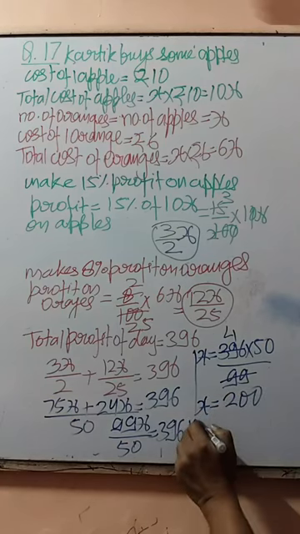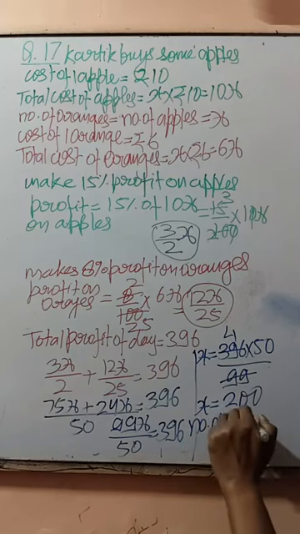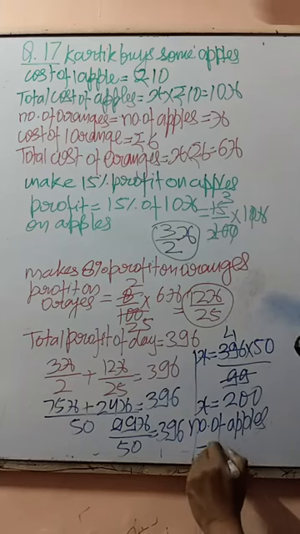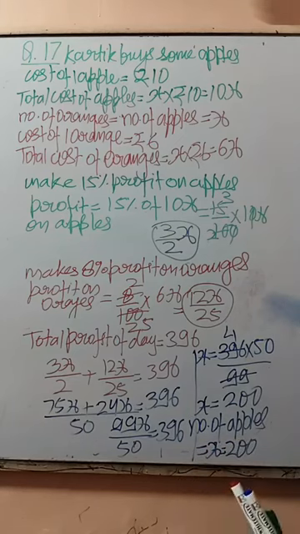So the number of apples is x equal to 200. Getting? Yes, sir. Finally we got the answer.